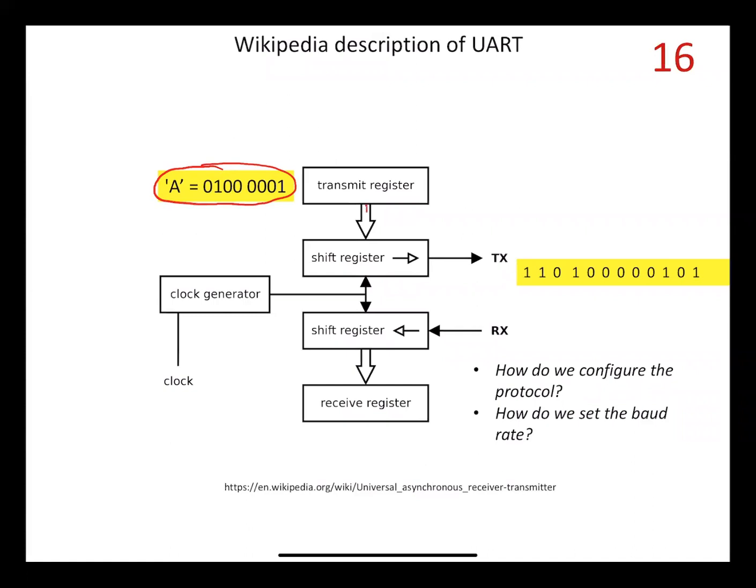Then it's going to be connected to a shift register. And you've seen shift registers in your ECE 124 course. What it'll do is take each bit that comes in and shift them out one bit at a time on the basis of a clock. So we have a clock. This would be our system clock.